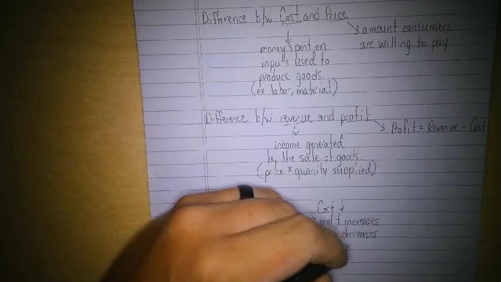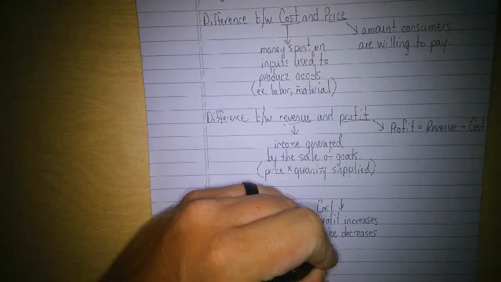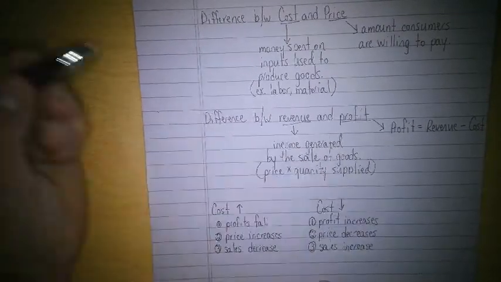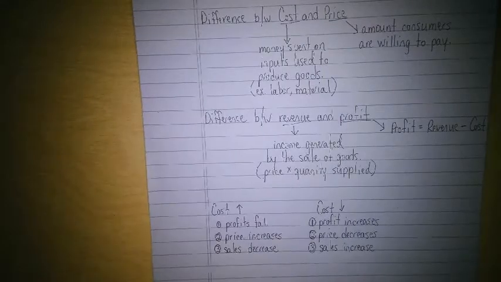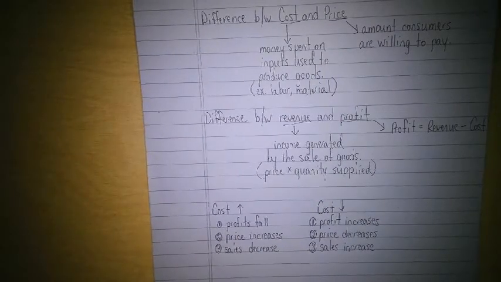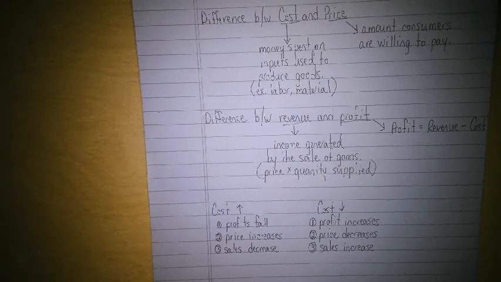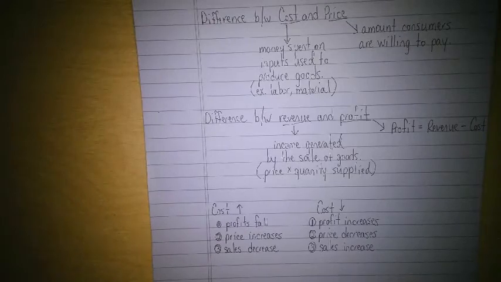More of it. So sales would increase. I've never met a salesman that was mad that sales increased. Does that make sense? Because if sales are going up, what's also going up? Profit. Okay?